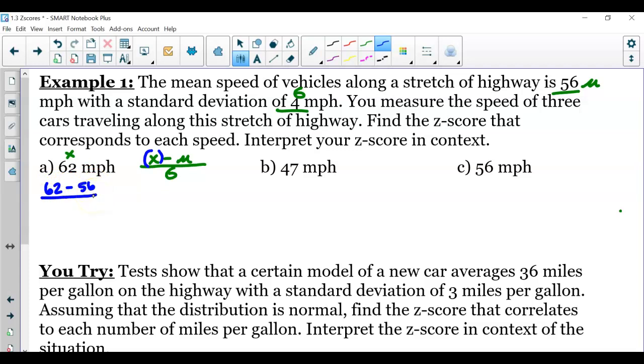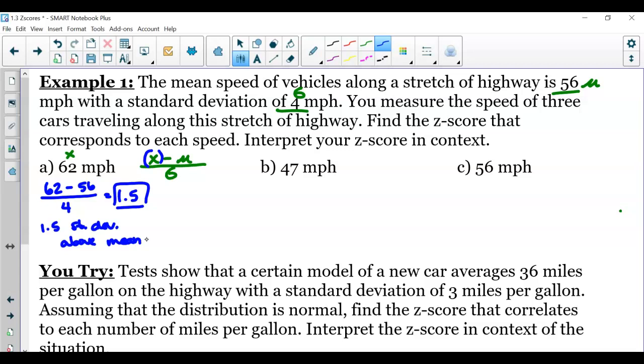And we always divide by standard deviation, which in this case is 4. Then you just put that in the calculator and solve, and you have a z-score of 1.5, which means that this speed is 1.5 standard deviations above the mean, or above the average speed.